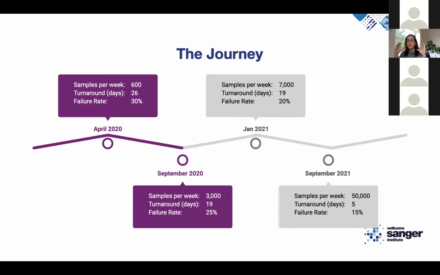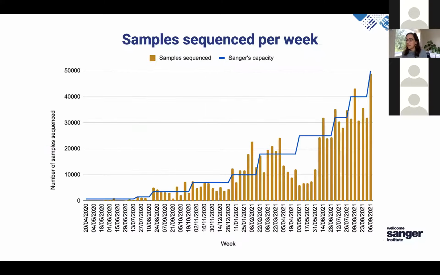We call it the end-to-end process, from the PCR test to the end of the sequencing results. That used to be 26 days, went down to 19, stayed at 19, and now we are at 5 days of turnaround time, which I'm quite proud of, to be honest.